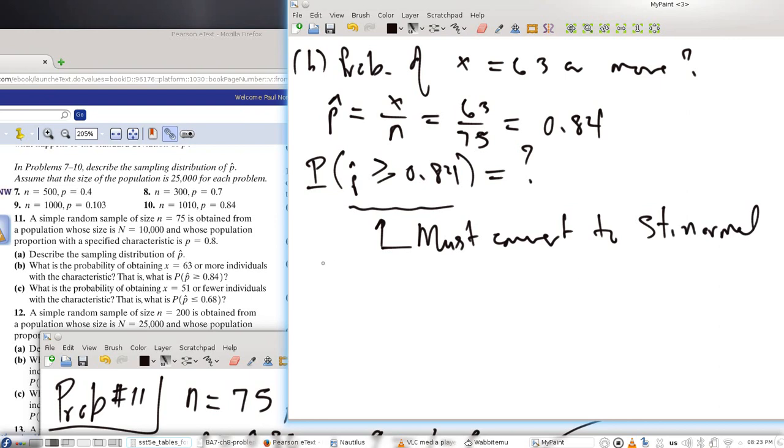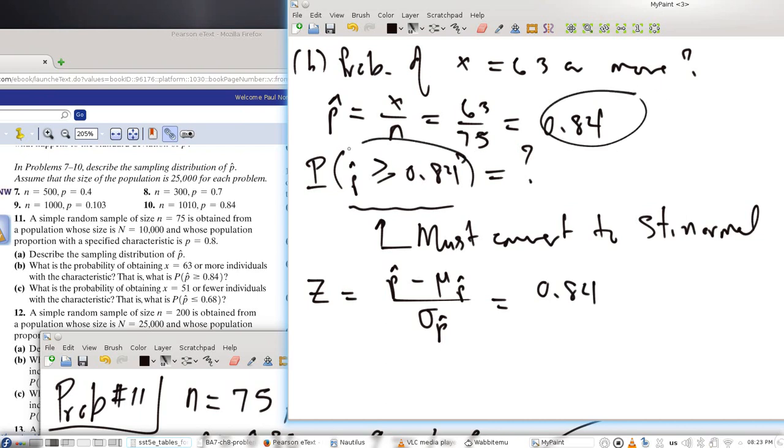Okay, and to do that we need to apply the z-score equation, which is p hat minus mu of p hat divided by sigma of p hat, and the p hat is 0.84, which is from the actual expression of the question, right here. And mu of p hat, remember from part A, is this one right here.